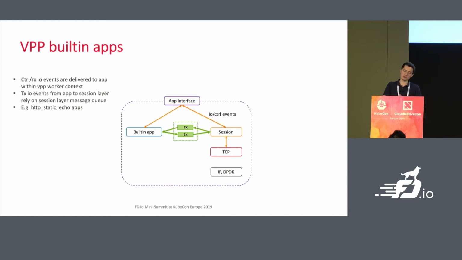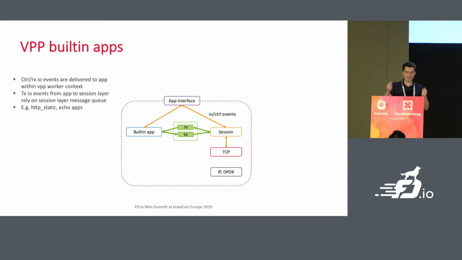And obviously with this sort of architecture, control and RX I/O events are delivered to the app via callback functions within VPP worker context. That is, although the application itself thinks it's single-threaded, it actually receives calls on multiple VPP workers, so some care needs to be taken there.